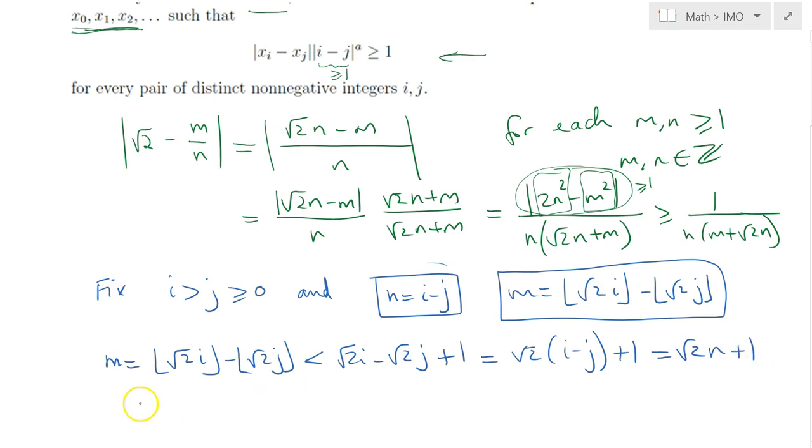That's less than or equal to, I claim, root 2 n plus n, because i and j being distinct integers, n is greater than or equal to 1, so that's less than or equal to n times root 2 plus 1.